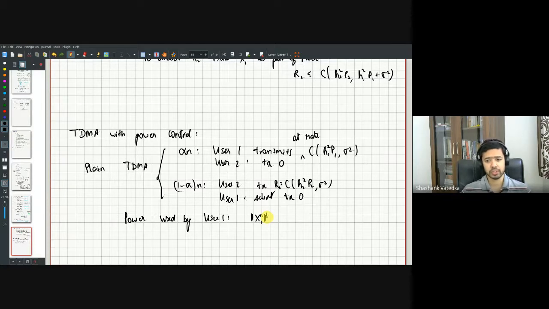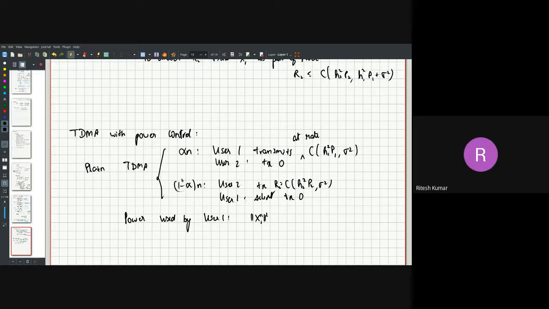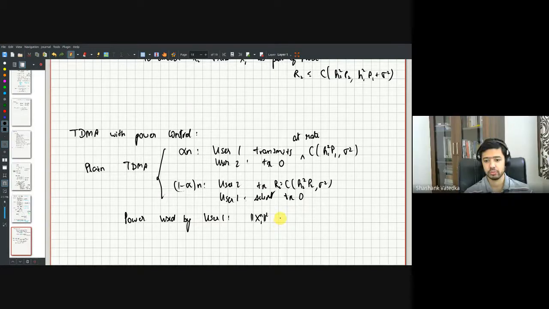Note that user 1 is transmitting at a rate C of h1 square P1 by sigma square, but he's using it only for alpha n fraction of the time.